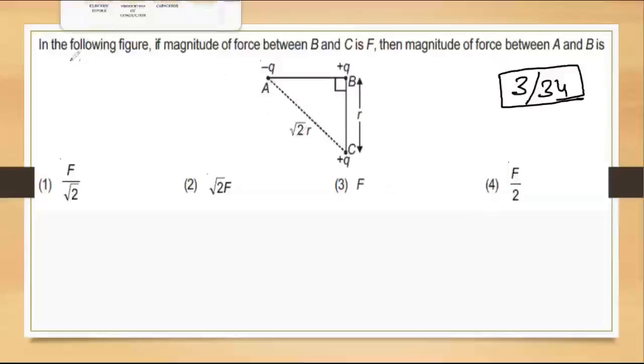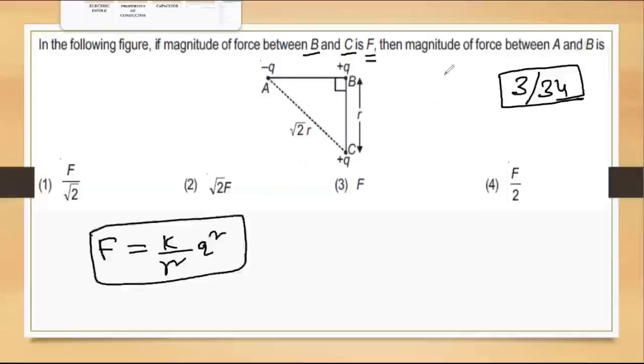In the question, it is given that the magnitude of force between B and C is F. So force between B and C is K by R squared, Q into Q means Q squared.